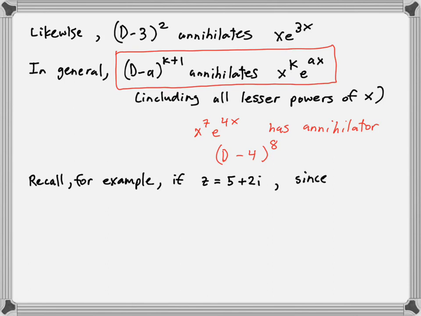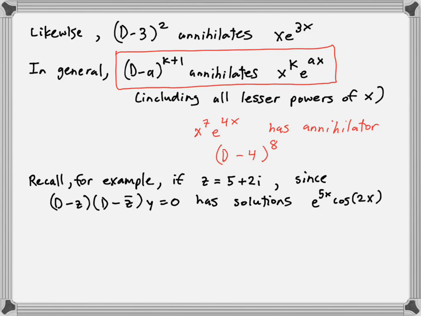since d minus z times d minus z bar, remember they always appear in complex conjugate pairs, right? Since that guy, remember we learned in the last section that this guy has solutions e to the 5x cosine of 2x and e to the 5x sine of 2x.